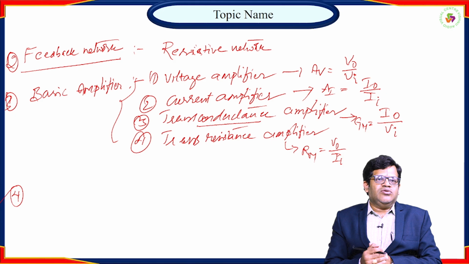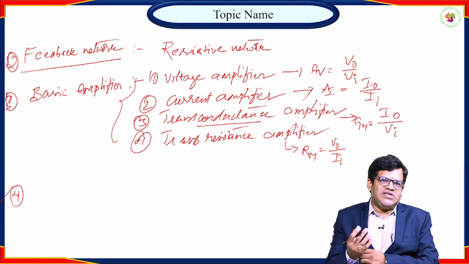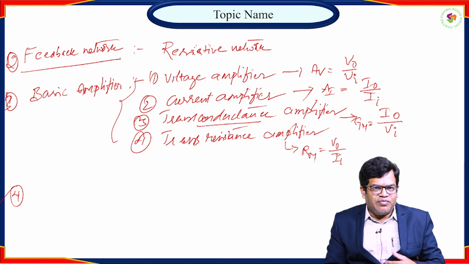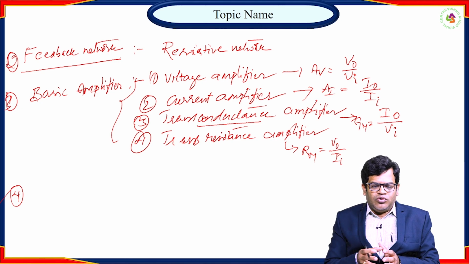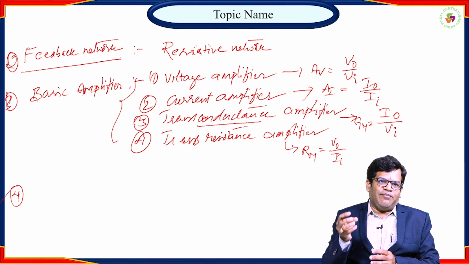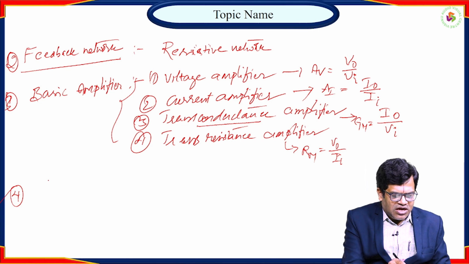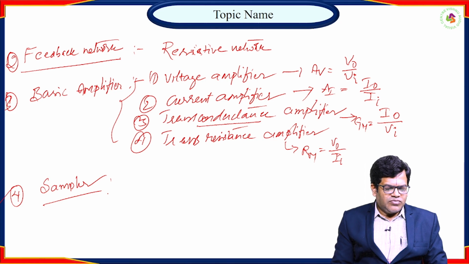Now, the 4th case is how we establish the connectivity between the basic amplifier and the feedback network. We have been saying that the output from the amplifier has to be sampled and provided back to the input through this feedback network. So a sample of the output is taken and given to the feedback network using a circuit called a sampler.